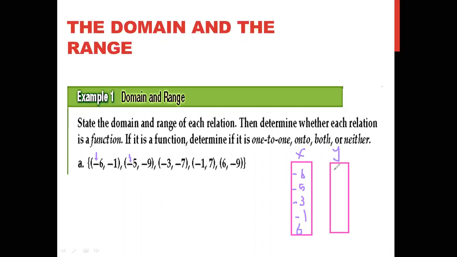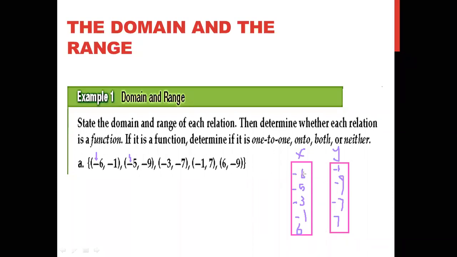The elements of y: -1, -9, -7, 7, and number -9, I will not repeat it in the set. And this is a concept: we don't repeat the elements in the same set.